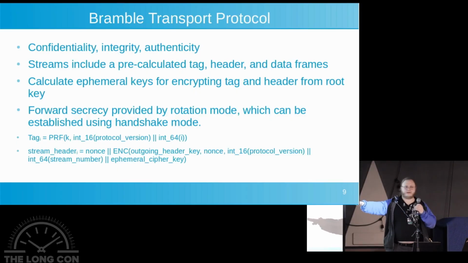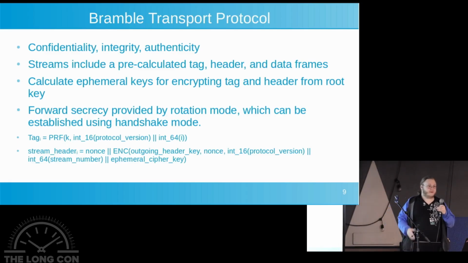So based on the shared key that they have to communicate and the stream number. So these can be calculated in advance, and you'll calculate like 10 or so for each peer, and then when you receive a stream, it'll have a tag, and you can see whether that tag is in the list of the ones you pre-calculated. If it is, then you know who's trying to communicate with you. If it's not there, then discard the stream.